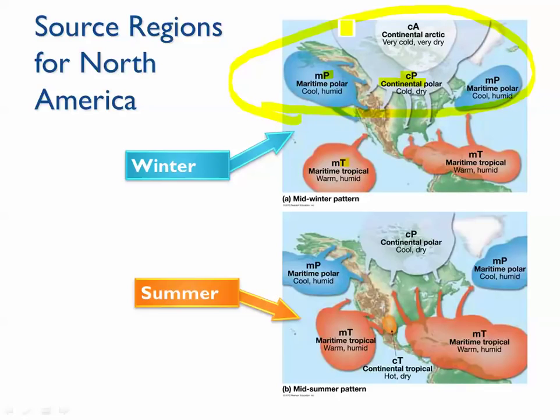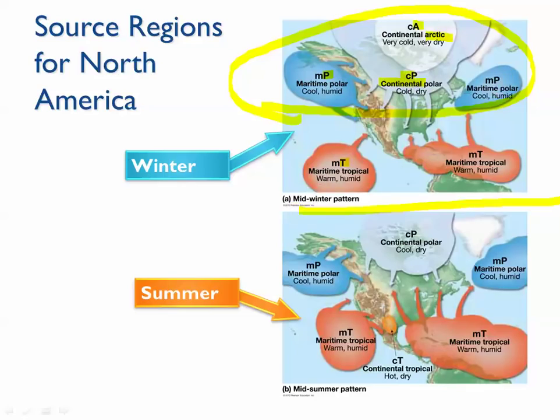Those are our polar air masses. So if we have P, then we have cold. And we can also have an A, which is Arctic, and which is very, very cold. So maritime polar, moist and cold. Continental polar, dry and cold.